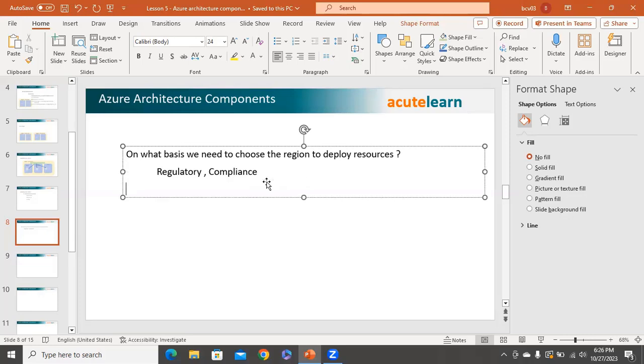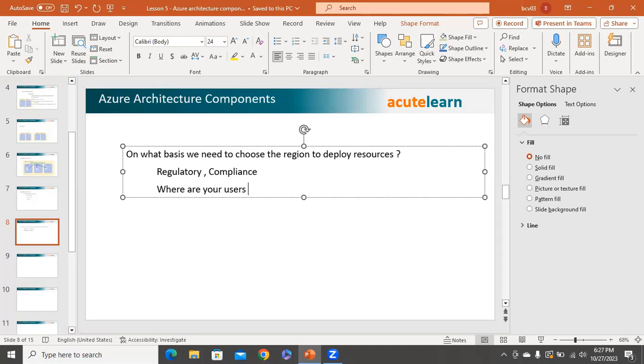The second could be, where are your users? Now you have applications, could be your ERP applications, HRMS applications, manufacturing applications, data warehouse applications, supply chain, marketing applications, sales applications.